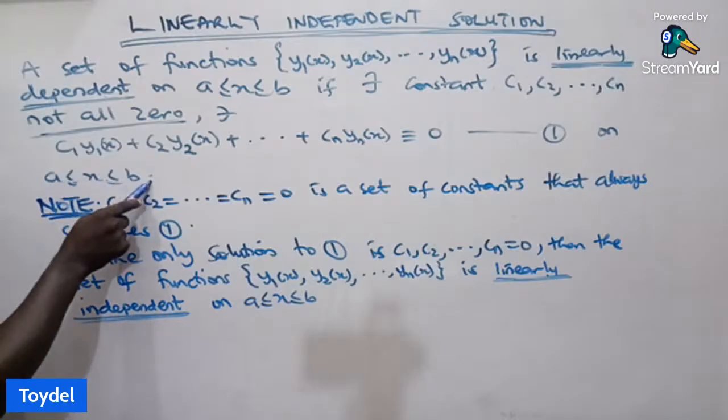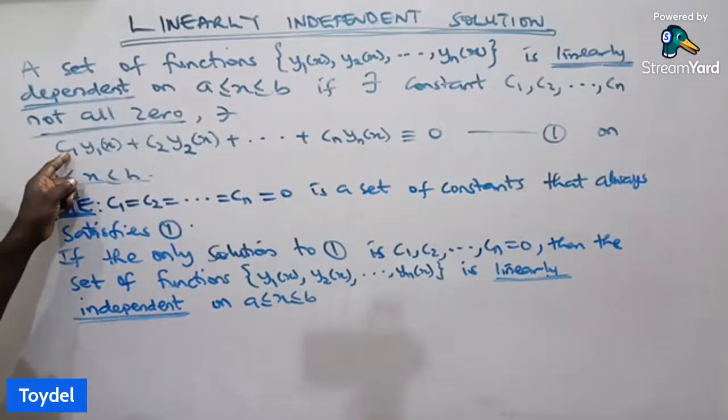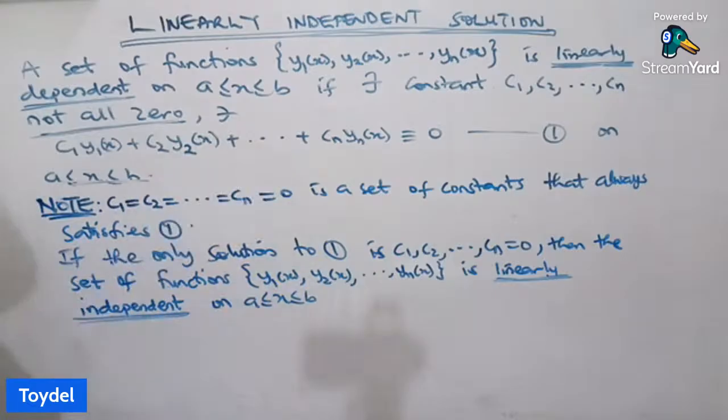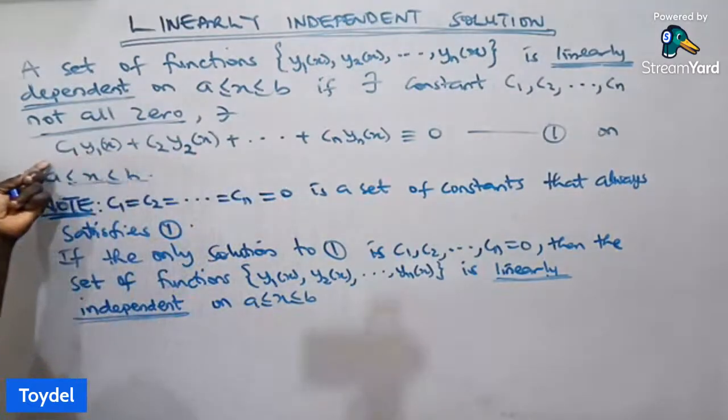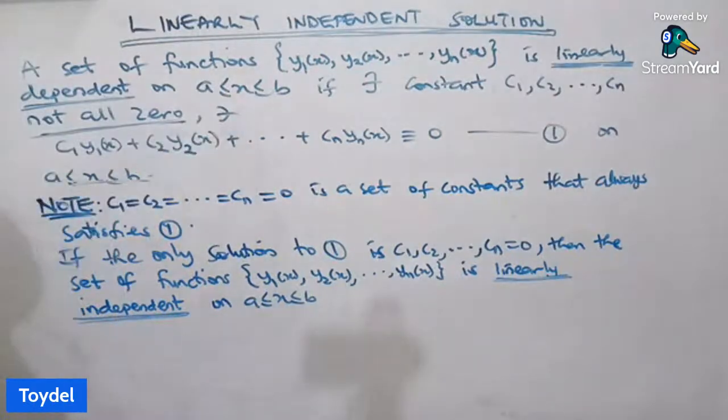That is how we normally write the solution for second order linear differential equations. If these constants are not all zeros, then this set of functions is called linearly dependent on this interval.